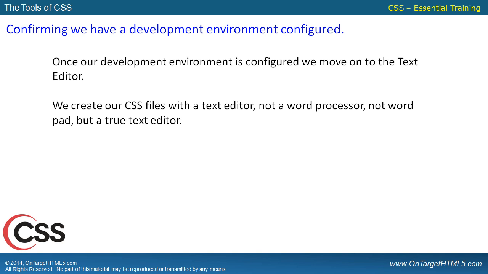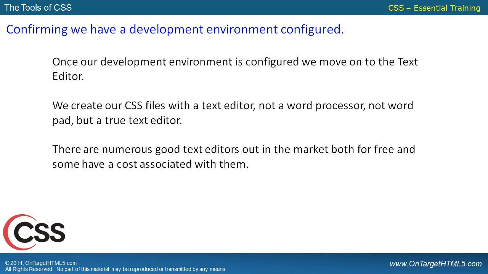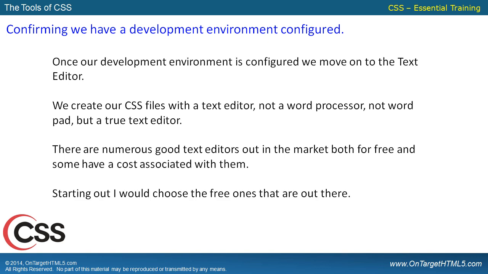And there are tutorials in the tools section of this website that talk about setting up a WAMP server or an XAMPP server, and talk about different text editors that are available for you to use, both free and editors that you can purchase, to help you develop your HTML and your CSS technologies. There are numerous good text editors out in the market, both for free and for some have a cost associated with them. Starting out, I'd choose the free ones that are out there.